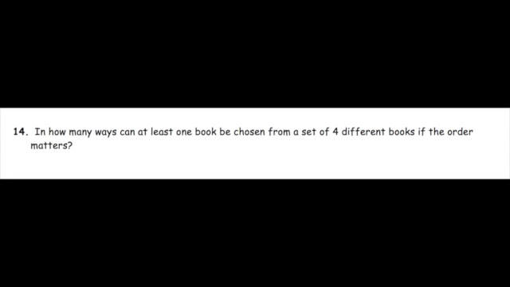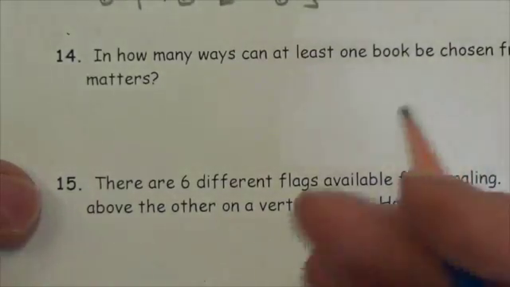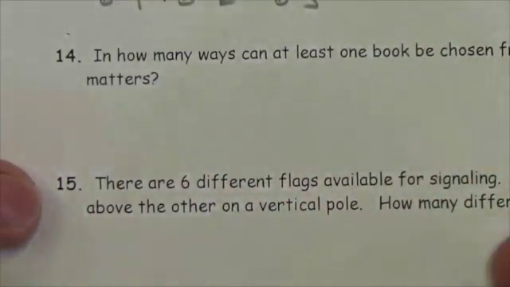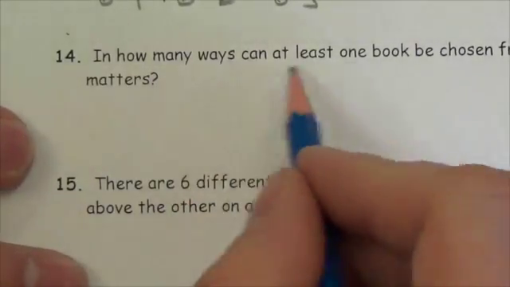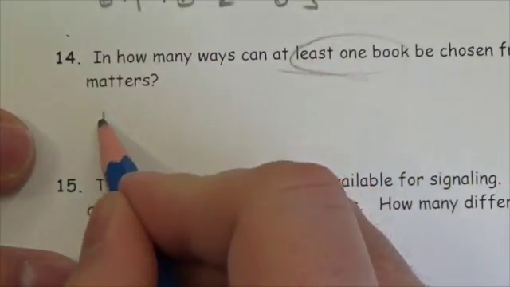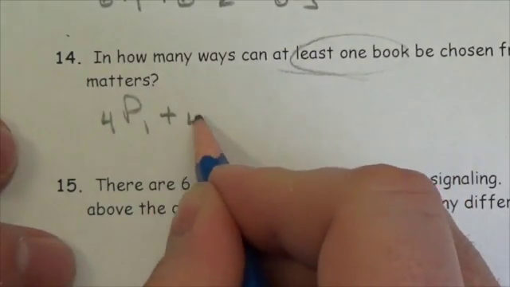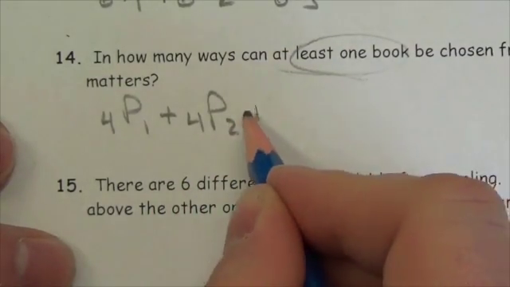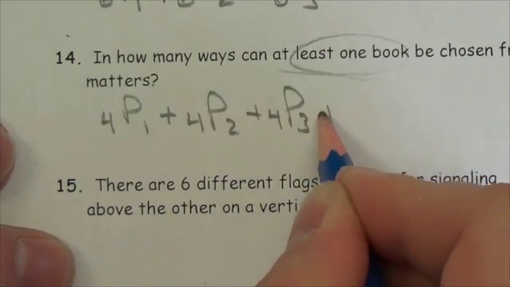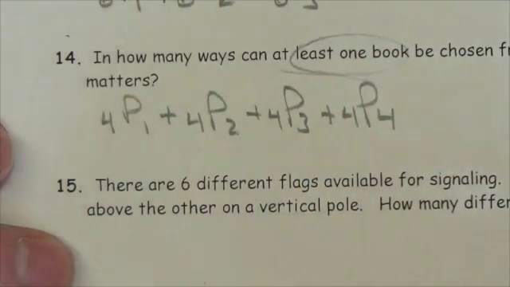In how many ways can at least one book be chosen from a set of 4 different books if the order matters? Now the implication here, or not the implication, it's stated: order matters. So these are permutations. At least one book chosen means from those 4 books I could permute 1, or I could permute 2 of them, or I could permute 3, or I could permute 4.